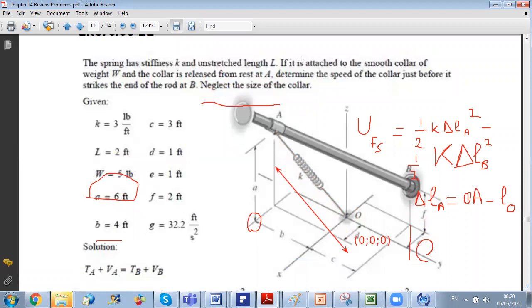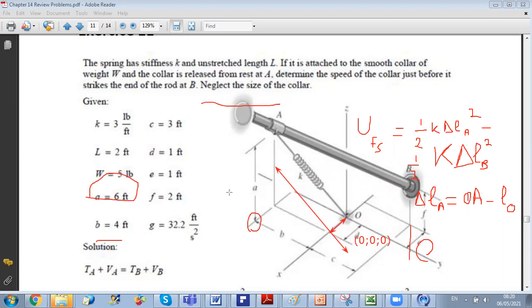So you can see that along X, this is X of A. X of A is equal to D, which is 1. You have Y of A is negative because it is from the negative side. So it's equal to minus B, which is equal to 4, okay?